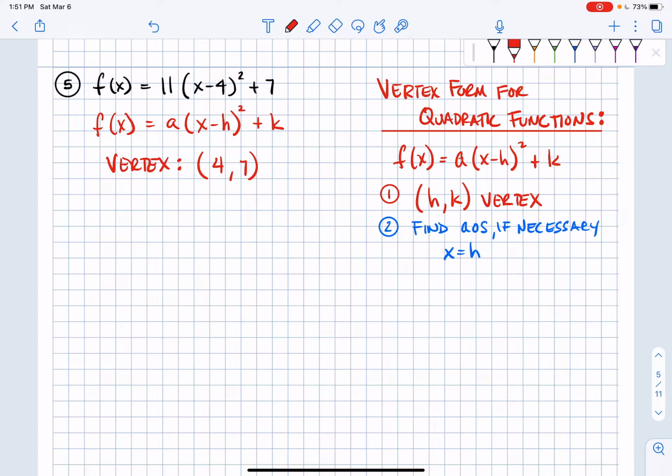From there, I can find my axis of symmetry. My axis of symmetry here would be a vertical line going through the point 4, 7. That vertical line is an x equals equation, so it's going to be x equals that x value, which is 4. With that being said, that would be choice D.